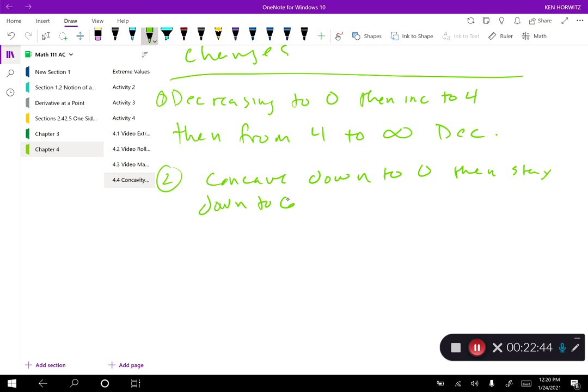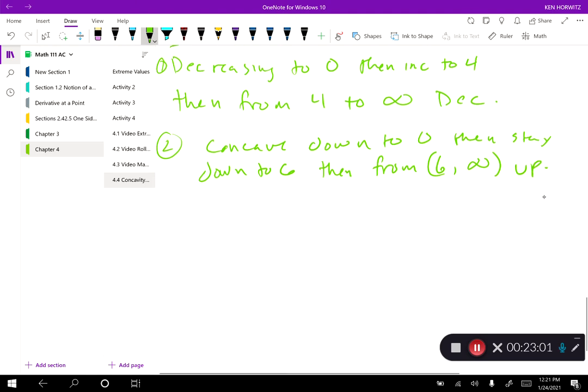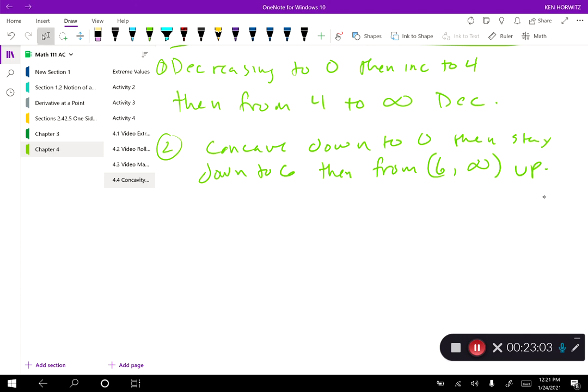And from 6 to infinity, I'm concave up. Let's see if I can sketch a graph that takes all this into account.